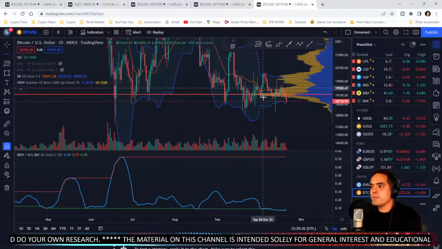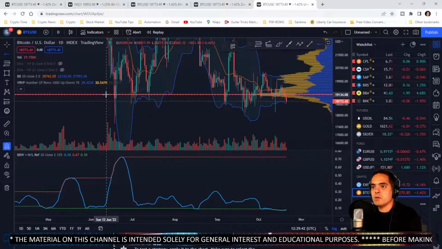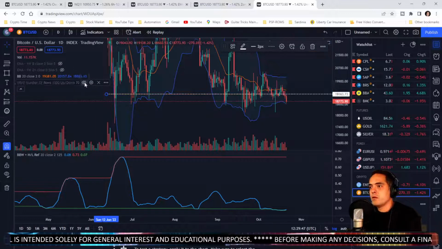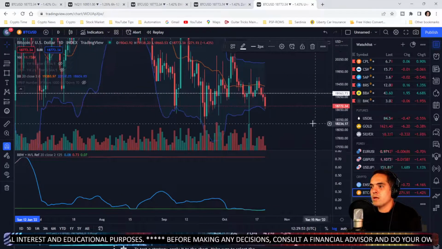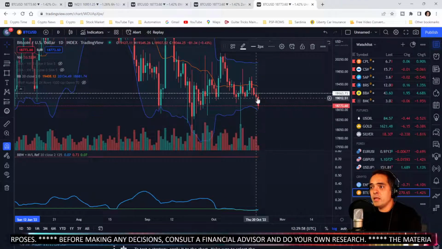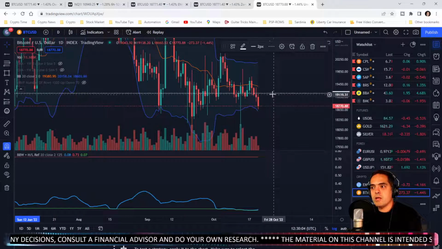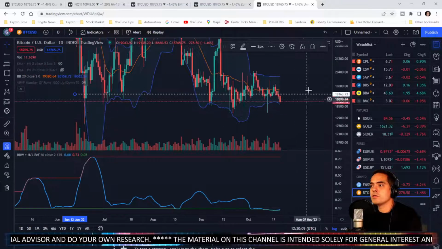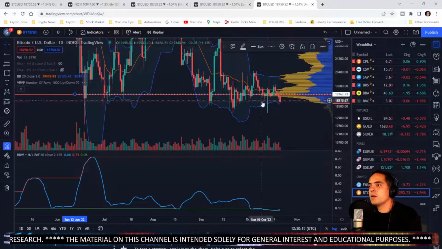So let's just draw a horizontal line here. I'm gonna draw this and then turn this indicator off. Here we have the white line, which represents the main point of interest. And we are below that point right now. That's a bad sign for the bulls.